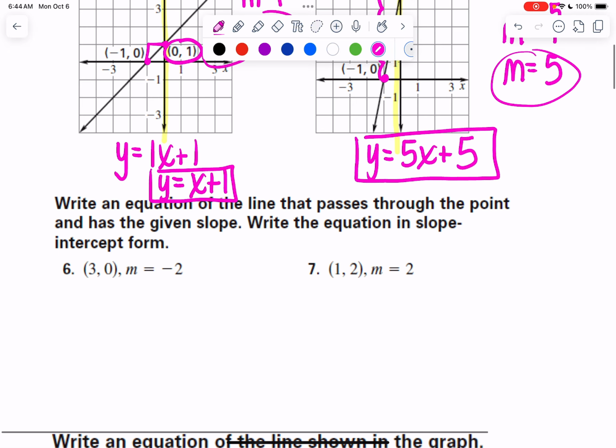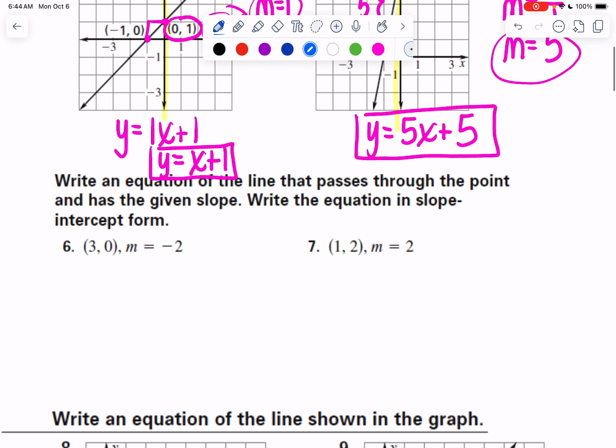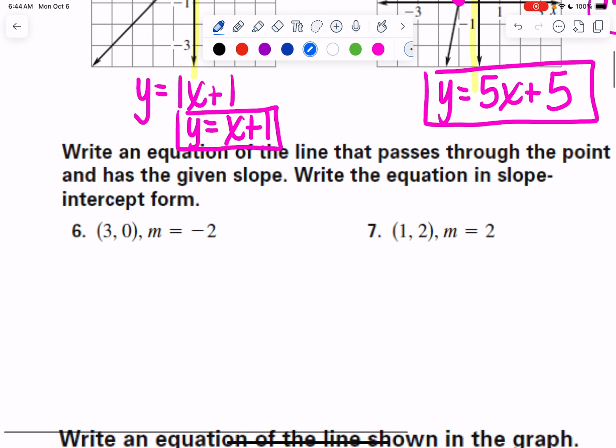This one is when you're not given the y-intercept. Here's the easiest way to figure that out. If you're given a point that's not the y-intercept, this is x, this is y, we can just plug it into this formula for both x and y and solve for b.